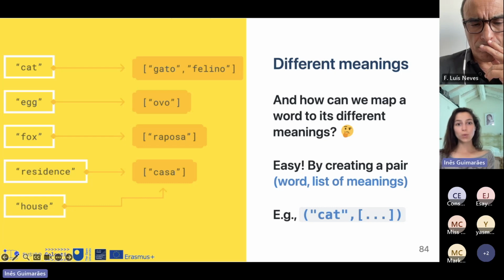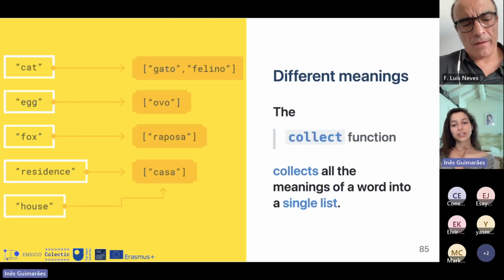Why? Because we group in a single list both meanings of cat, both gato and felino. Okay? So this is a way of grouping together the same meanings of a single word, and we have all the information there.